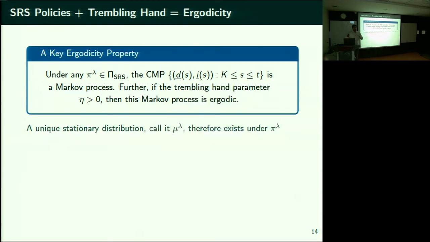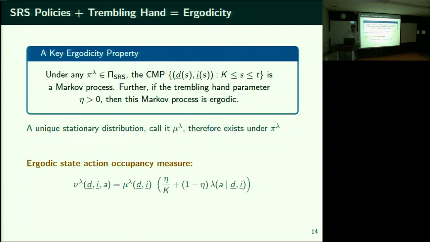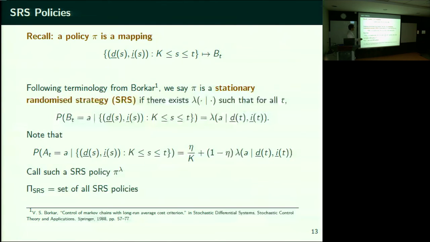I want to compute this joint probability of the system being in some state and you applying some action. That is this ergodic state-action occupancy. SRS policies forget the history: B_t is selected only based on (D_t, I_t), the current state of the system.